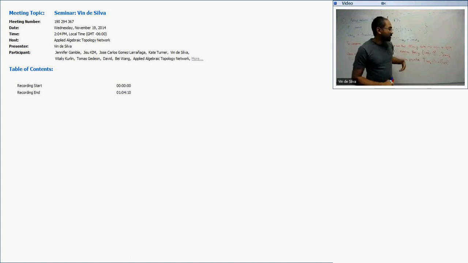Rather than looking at arbitrary translations, you use a preferred family, like a one parameter family of translations. For the real line, it's very straightforward. One parameter family is shift up by epsilon, and whatever epsilon is, that's the family of shifts.